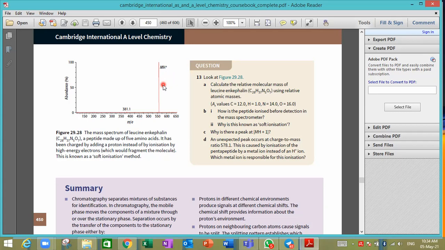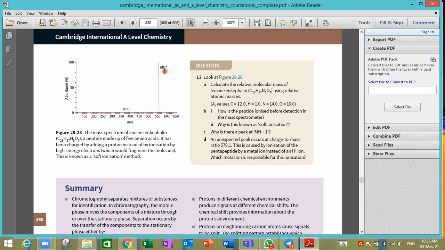Instead of this method, they charged the molecule with a hydrogen ion. So this method is known as the soft ionization method. We don't study it.